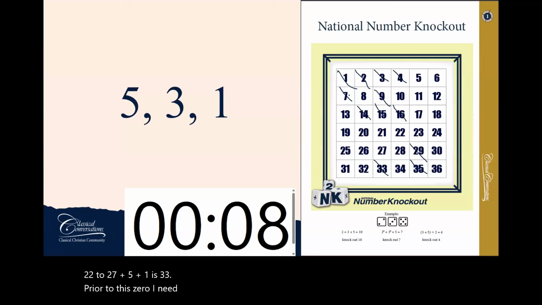Try. 3 squared is 9 plus 5 to the 0 is 10 plus 1 to the 0 is 11.